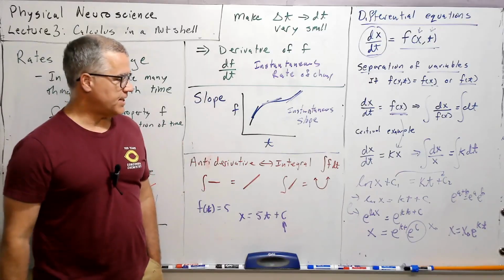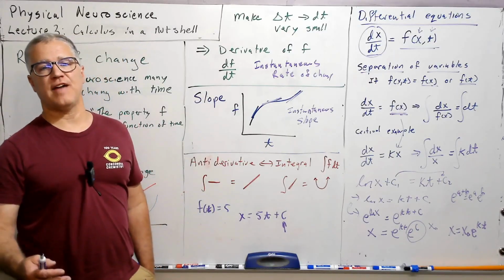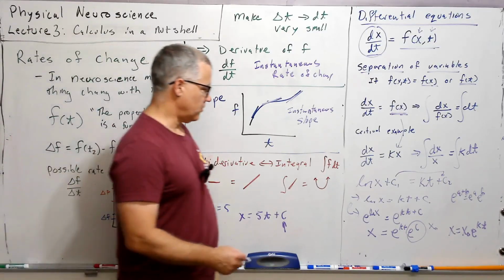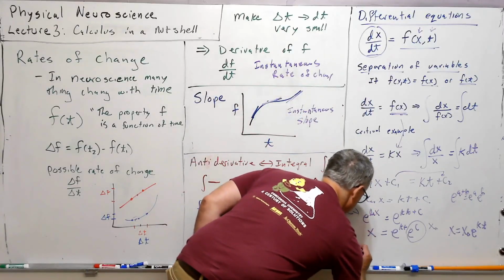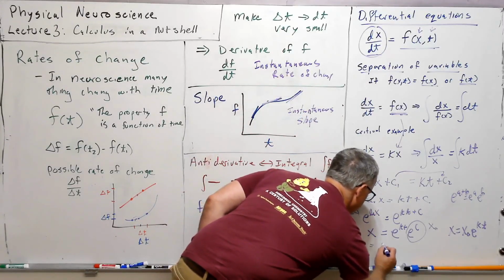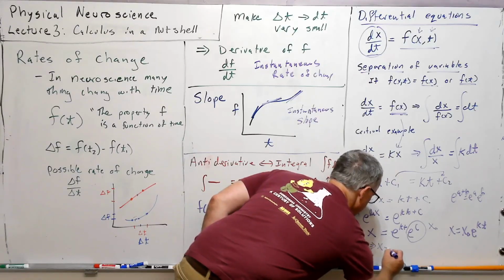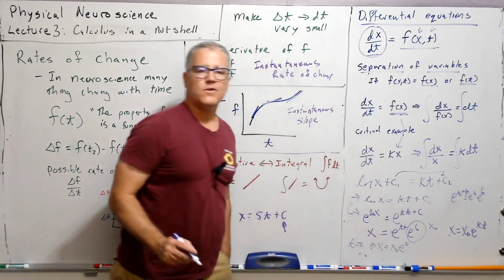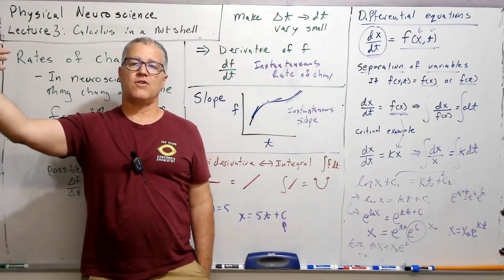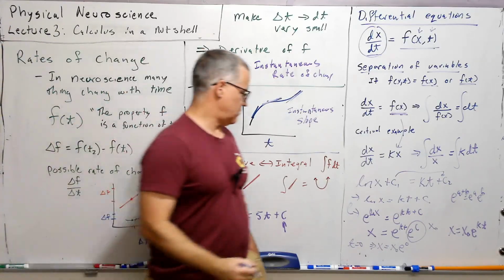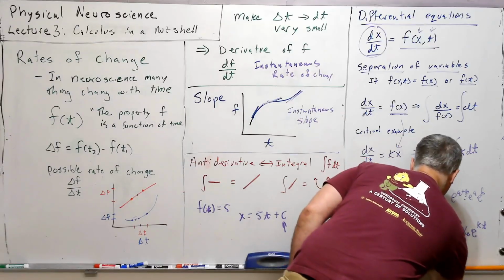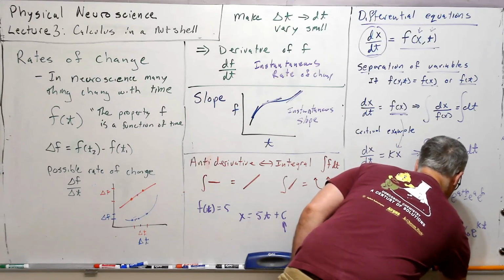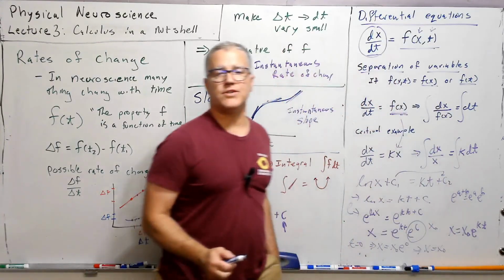Now, what is x naught? Well, x naught is the value of the function at t equals 0. So let's put in t equals 0. Then we have x equals x naught e to the 0. Well, anything raised to the 0 power is 1. So that's how we interpret that.